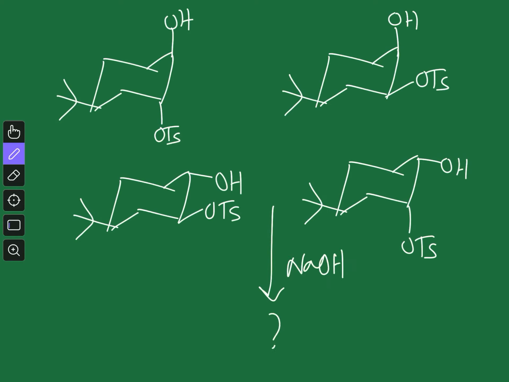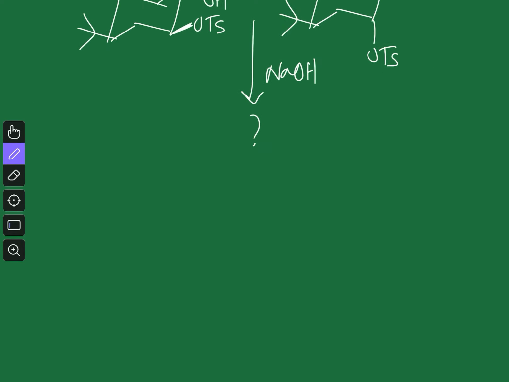That is our point of interest. To solve all these 4 problems you have to remember one thing, that is the bond which is anti-parallel to this OTS. In every case you have to find out the bond which is anti-parallel to this OTS. So let us first take this example and let us see what can happen from there.